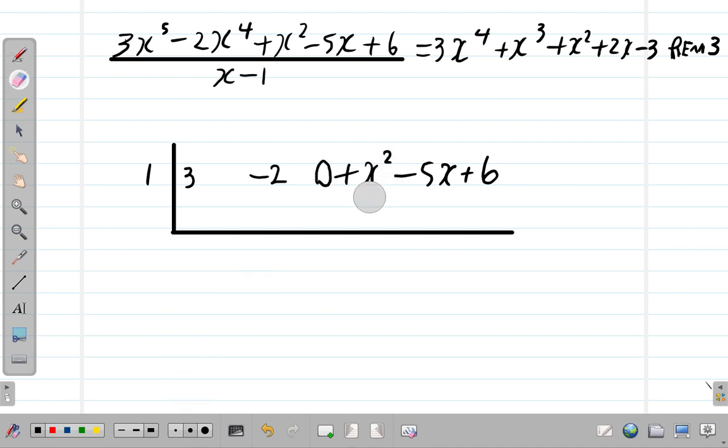Then the next one down the line would be x to the 2. Alright, for x to the 2, it is 1. For x to the power of 1 it is negative 5, and the constant would be 6.